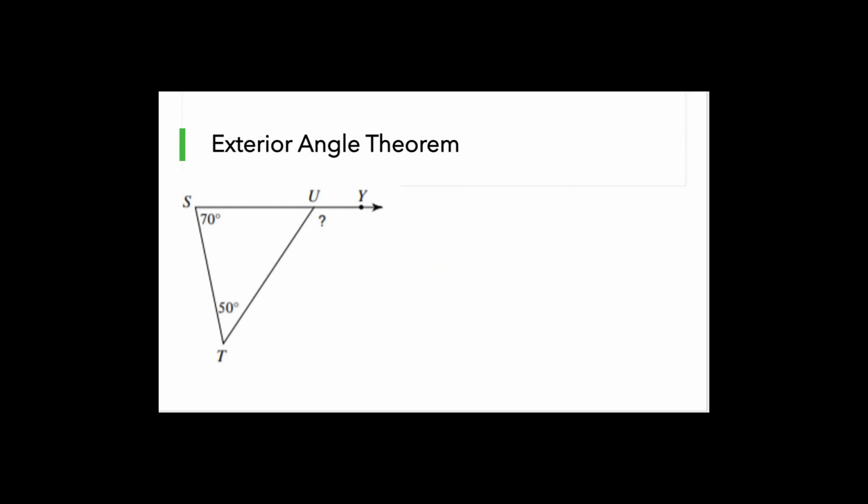Alright. So my first example is the exterior angle theorem. That means that my inside angle plus my inside angle equals my outside angle. Alright, so let me draw some circles.